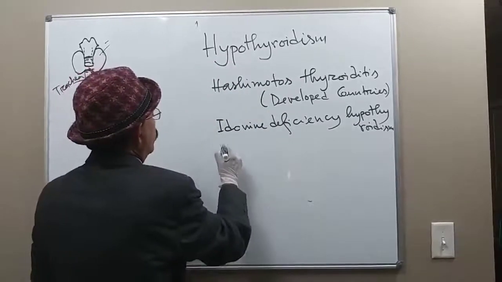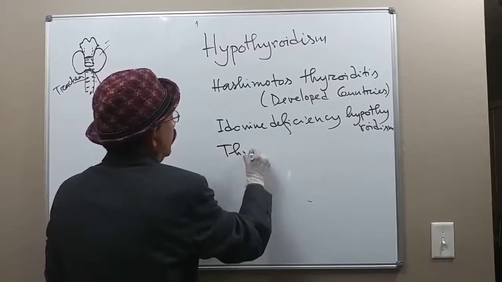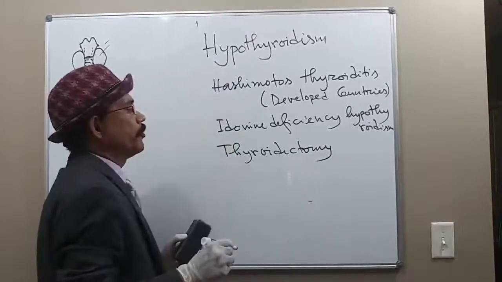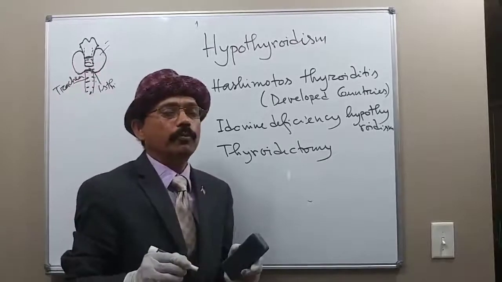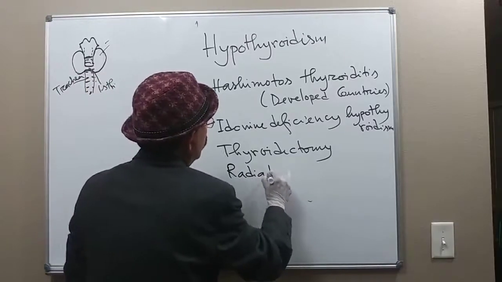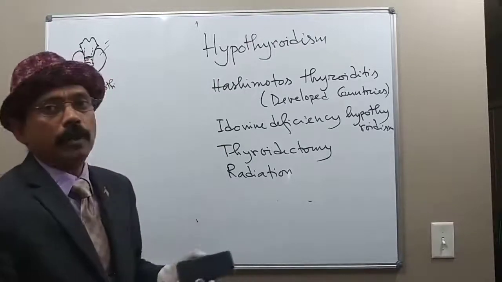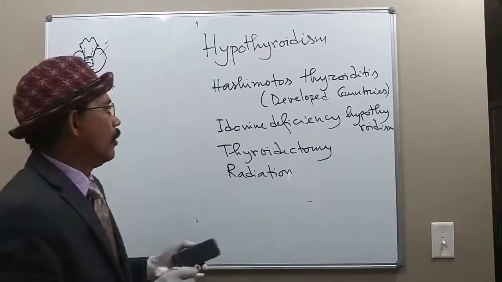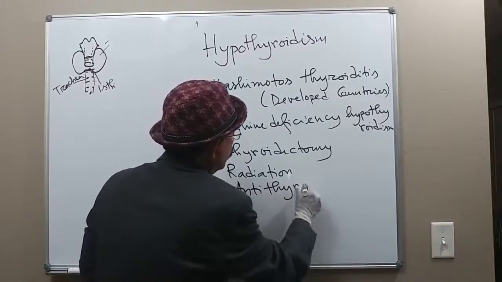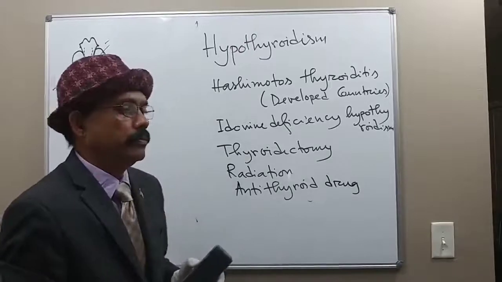Okay, hypothyroidism may be due to surgery like thyroidectomy. Okay, that is possible. After thyroidectomy, we may have hypothyroidism, or radiation to any region that may damage the thyroid cells. Or someone is taking excessive anti-thyroid drugs, like propylthiouracil, carbimazole, that may also lead to hypothyroidism.